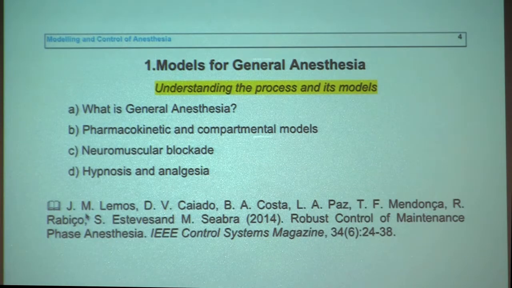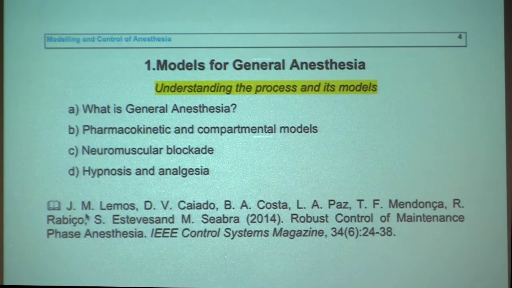Pharmacokinetic is when you infuse a drug, what happens to the drug in the body? What does your body do with the drugs that you take? And the pharmacodynamic part, which will be addressed in parts C and D, is what the drug does to the behavior of your body. So it's the converse.